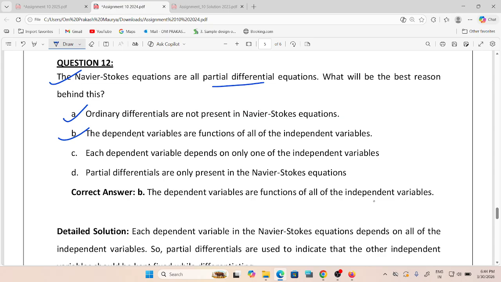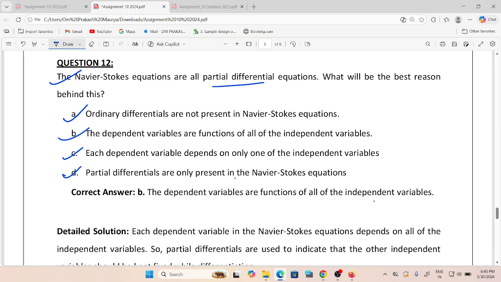Option B, the dependent variables are functions of all independent variables. Option C, each dependent variable depends on only one of the independent variables. Option D, partial differentials are only present in Navier-Stokes equations.